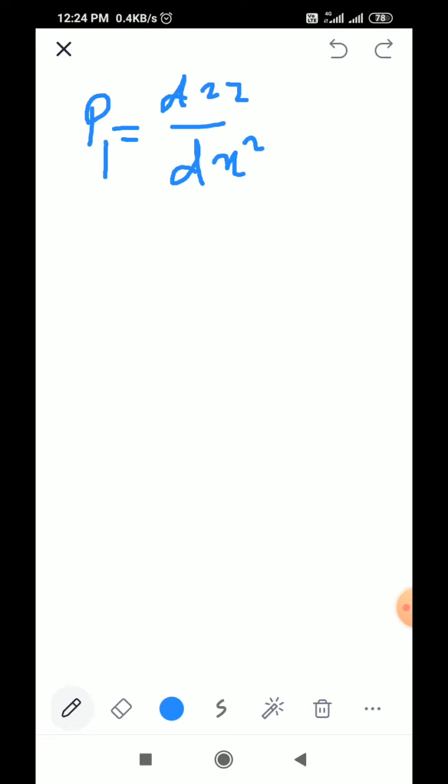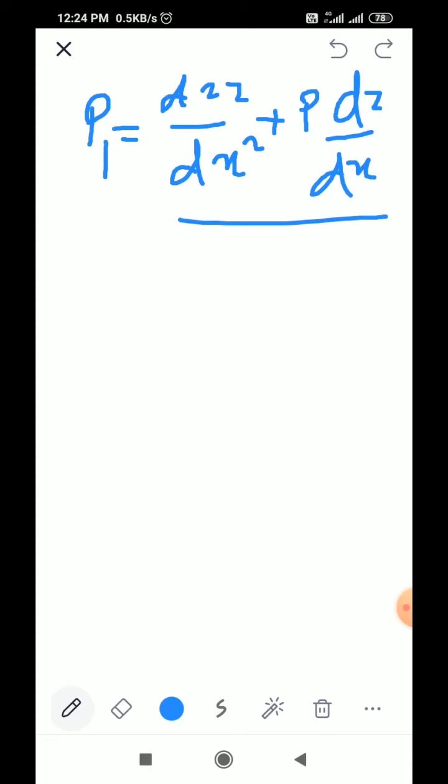Look at here, p1 is equal to d2z by dx square plus p dz by dx upon dz by dx whole square.